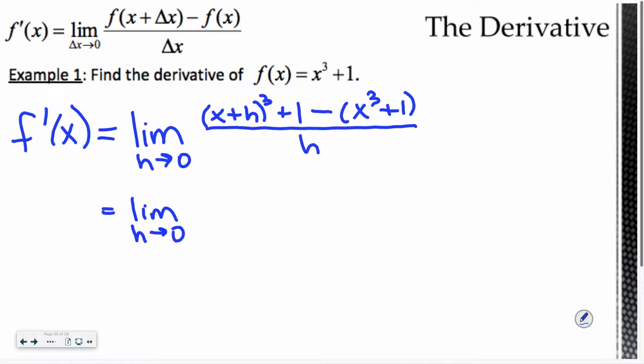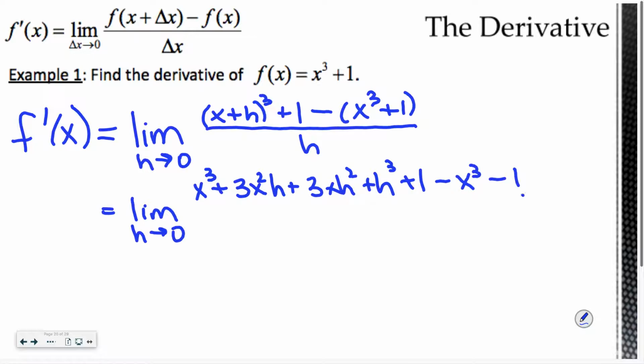Now, from your knowledge of pre-calculus, you know that when you multiply x plus h, the quantity cubed, our coefficients are going to be 1, 3, 3, 1 from our Pascal's triangle. If you don't think you can remember that, multiply out your binomials. You know how to do that. And don't forget that when we subtract a function, we subtract it in its entirety.